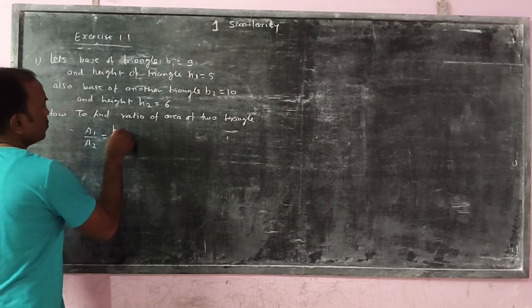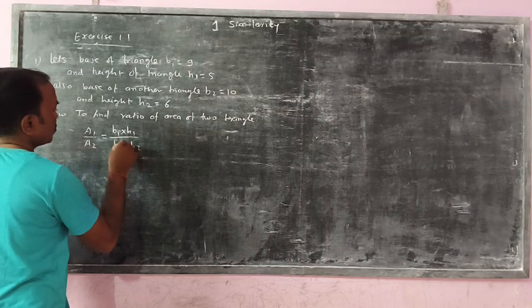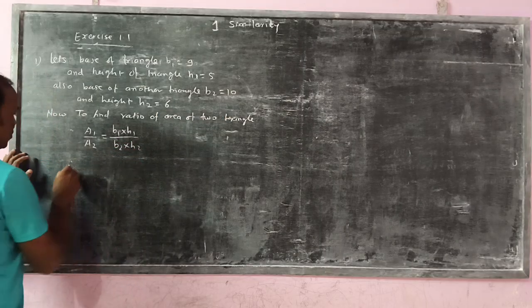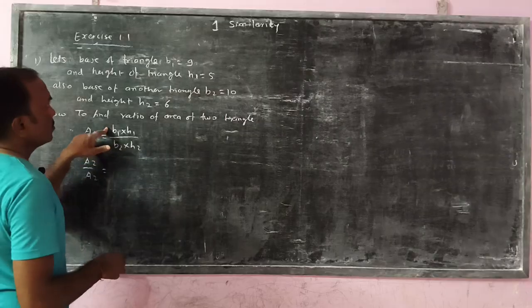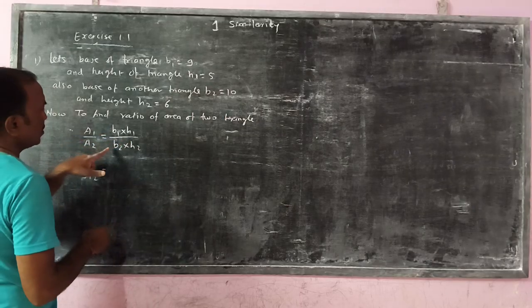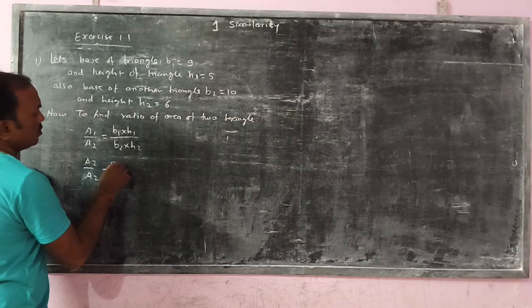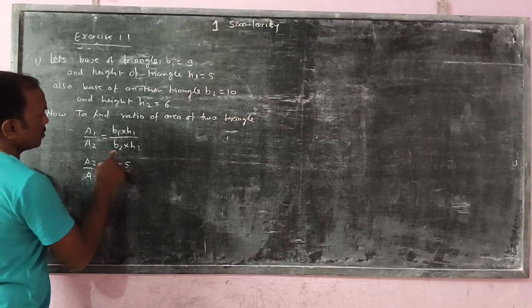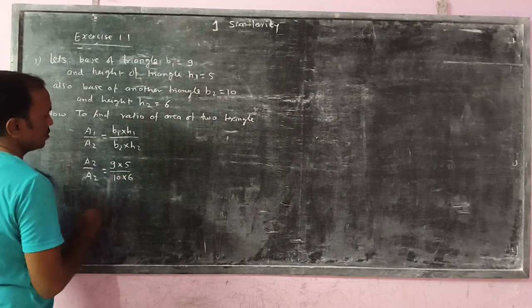Therefore b1 into h1 by b2 into h2. Putting in the values, 9 into 5 by 10 into 6.